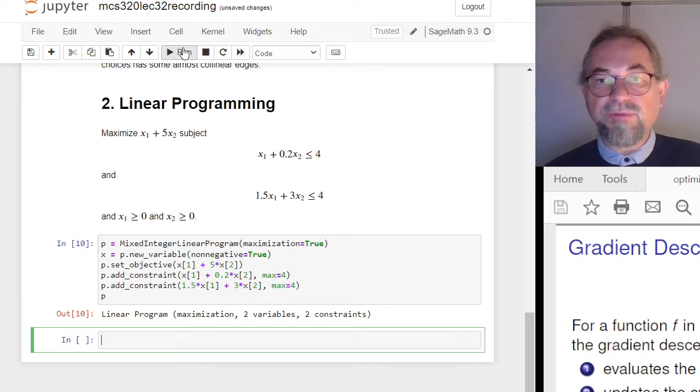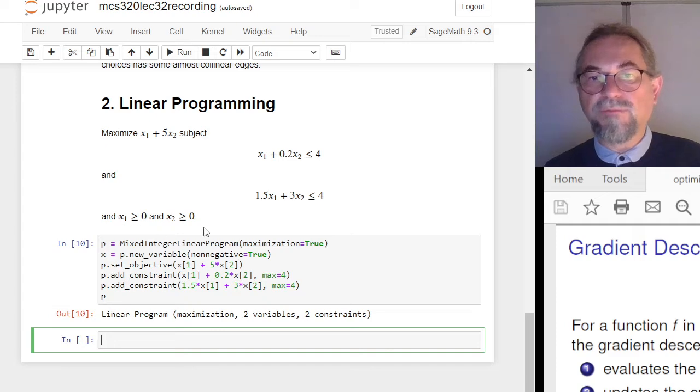So you see that we define a problem where we define first that it is a maximization problem. Then we add a new variable, and the new variable is actually the name of a vector. So here the non-negative equals true codifies what I call the default constraints.